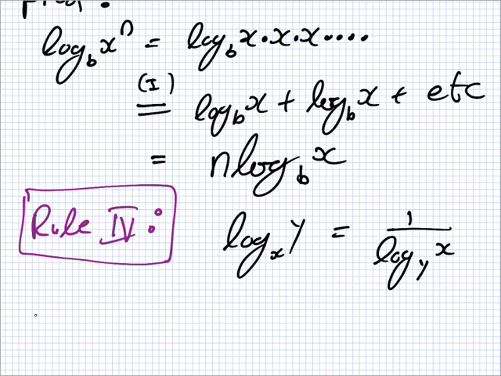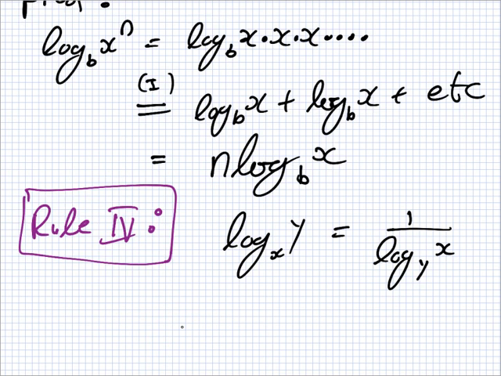So, something like log_8 2 is equal to 1 over log_2 8. Now this actually is a very useful rule, because sometimes there's something that you want that's in the base and you need to get it out of the base. So you can use this rule to flip it out of the base. It's kind of a common situation to find yourself needing this rule. That you have a thing in a base, you want to get it out of the base, so you flip it around like this.